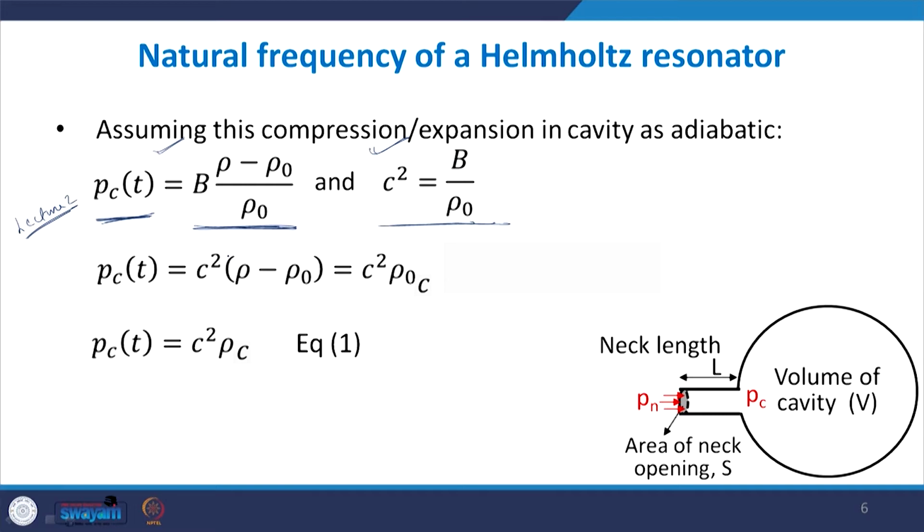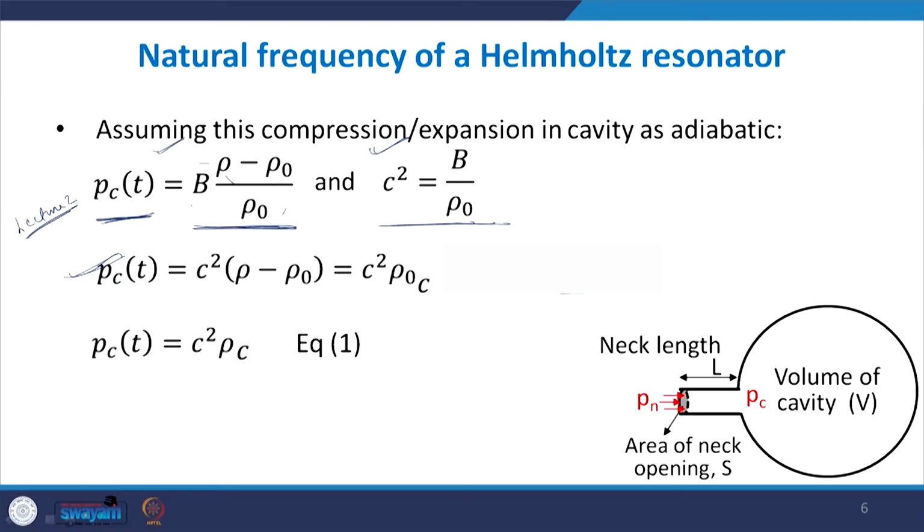So if we replace this expression b by rho naught with c square, we get the pressure inside the cavity as c square into rho minus rho naught. Because the pressure fluctuations are very small, the density fluctuations are also very small for acoustic processes.